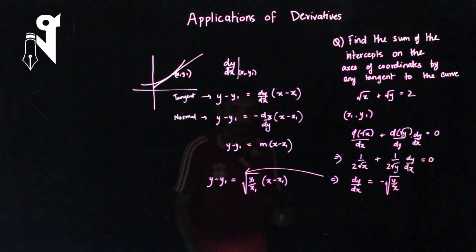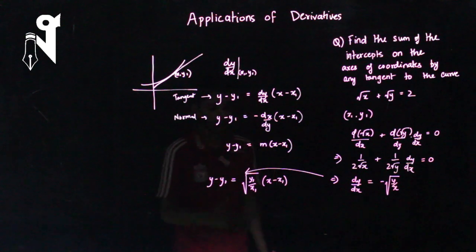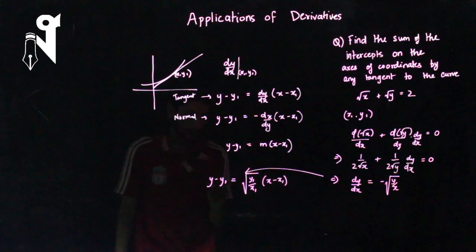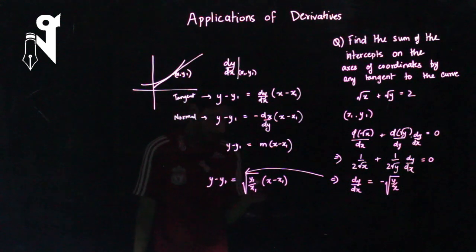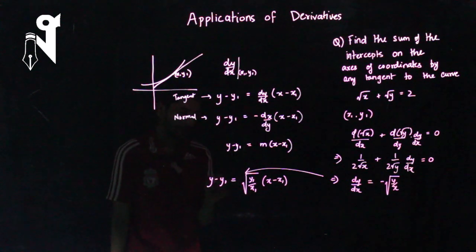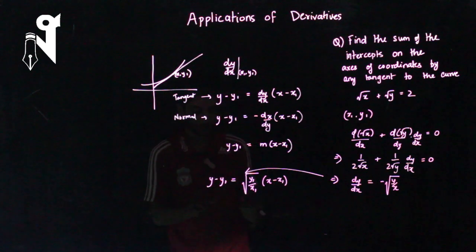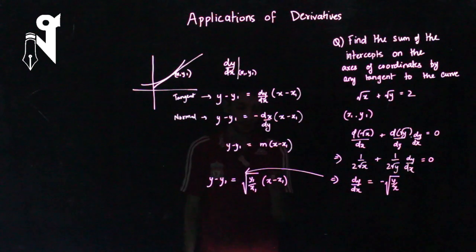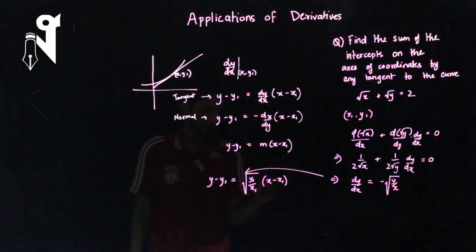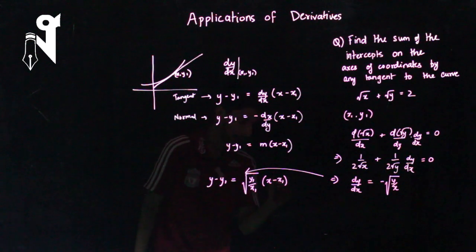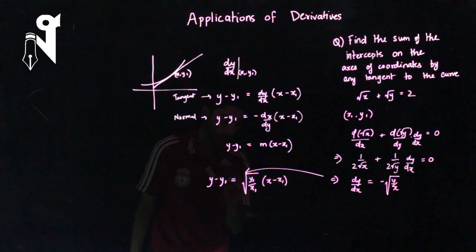So we got the equation of the tangent. Now we just need to find the intercepts. So to get the intercepts, I'll first get the y-intercept, meaning that x has to be equal to 0. So where the curve cuts the y-axis, I substitute x as 0. So do note that this x1 and y1 are the points on the curve.